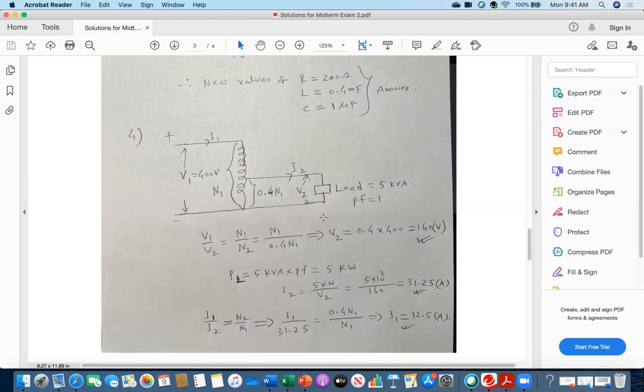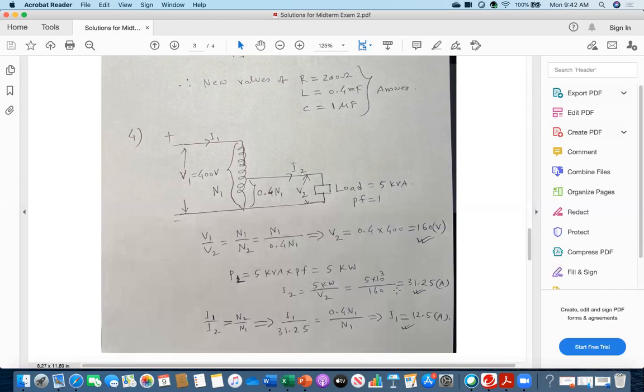Once I get V2, I am able to get the current I2, because the load value is given as 5 kVA, and if I multiply it by the power factor value, it becomes 5 kilowatt. So 5 kilowatt over V2 is my I2, so my I2 is 31.25 ampere.